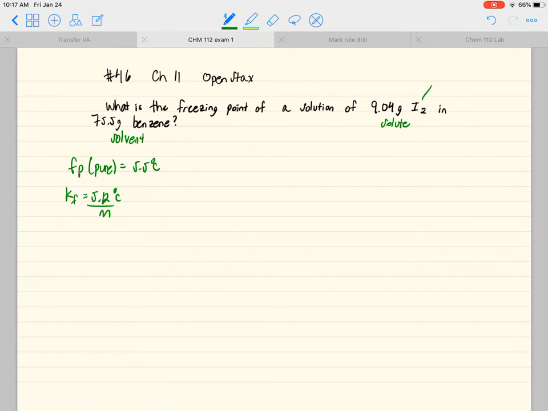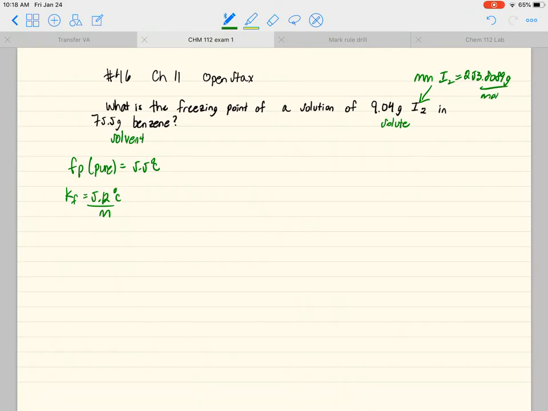Some other information we need is the molar mass of iodine, and you can add up the numbers in your periodic table, is equal to 253.8089, and that's in units of grams per mole.